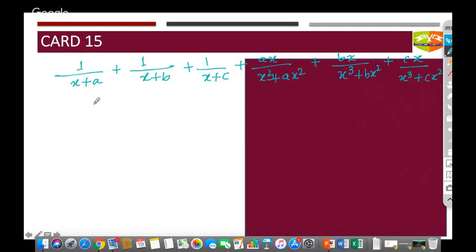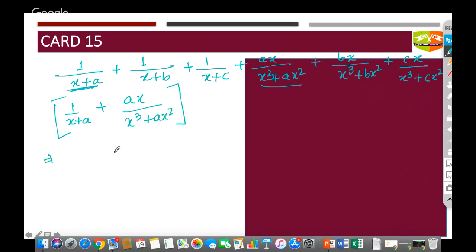Now how do you solve this kind of question? You see here you find similarity between this particular denominator and this particular denominator. So I'm solving it for one of them. I take 1 by x plus a, and I'm taking ax divided by x cube plus ax square.